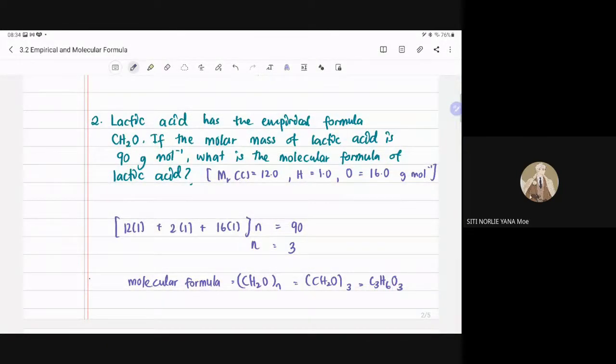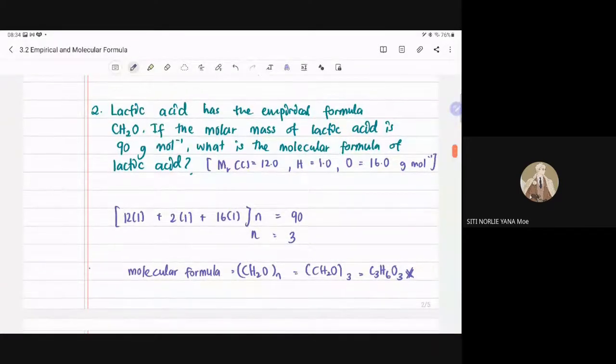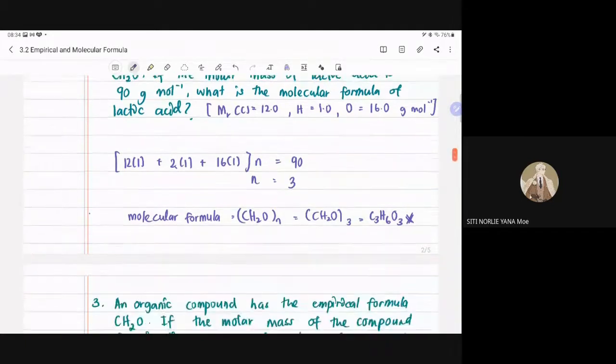So this will be the final answer. Okay. So tadi mungkin ada silap kira dekat sini kot. I think maybe here. Ataupun one of this ataupun kamu silap tekan calculator lah tu. But it's okay, good try. Okay, so ini adalah the first step untuk determine molecular formula. Right. So now I think this is very simple, so we can proceed to the next one.